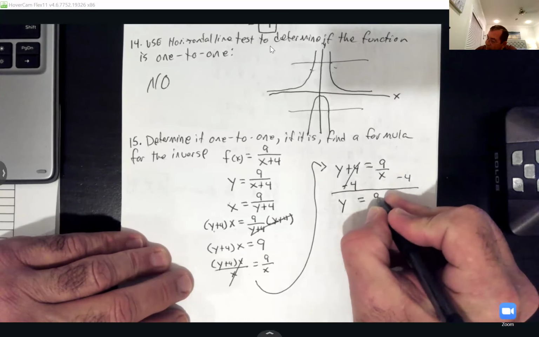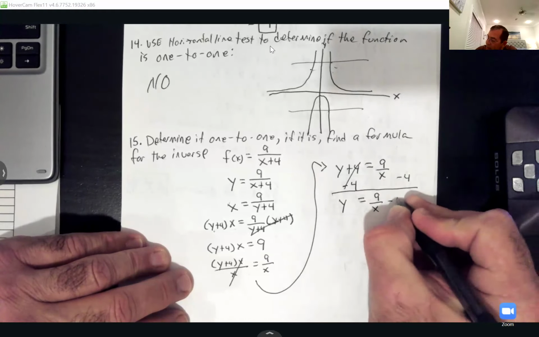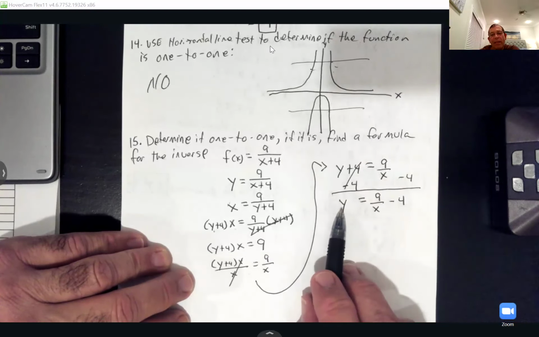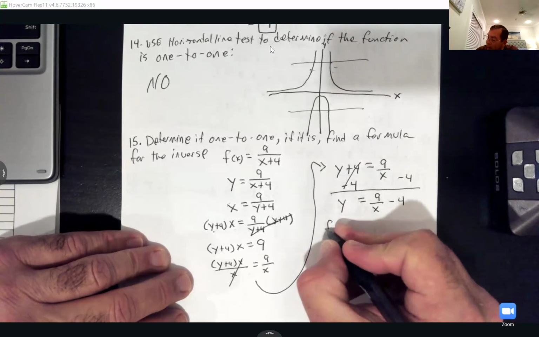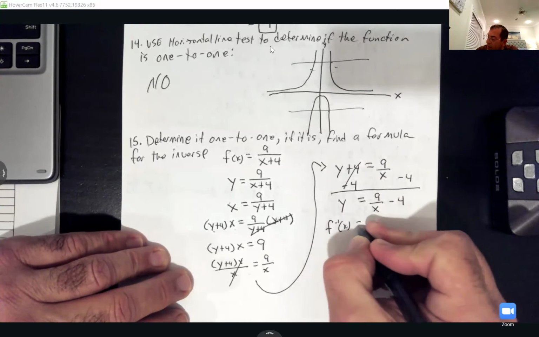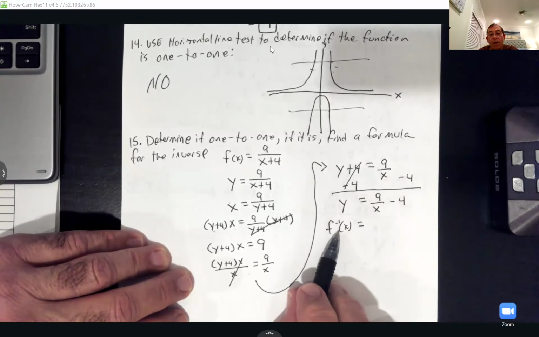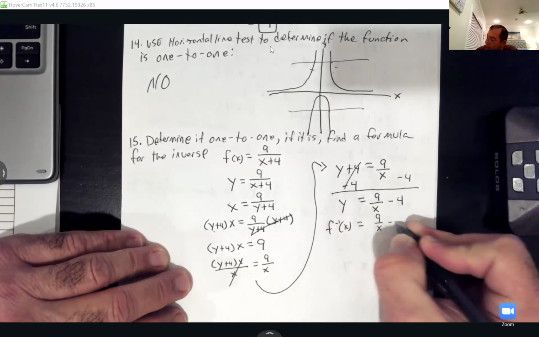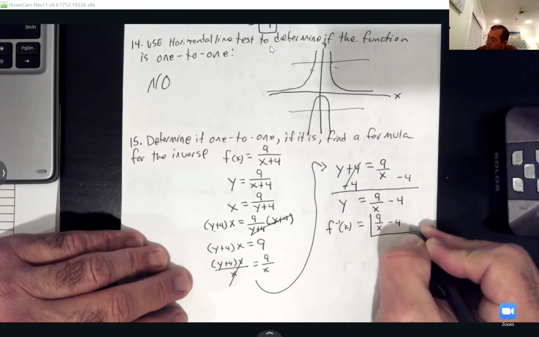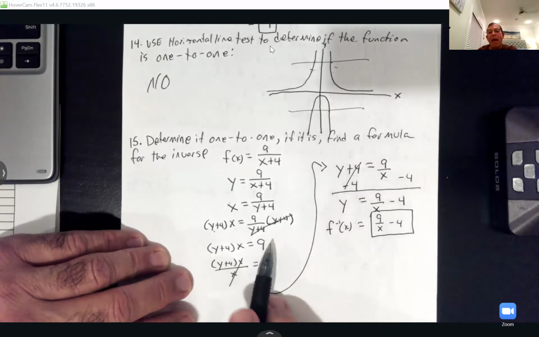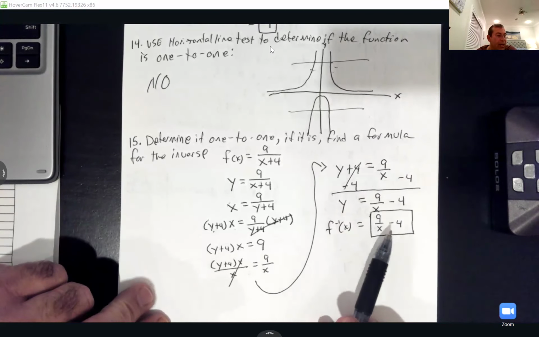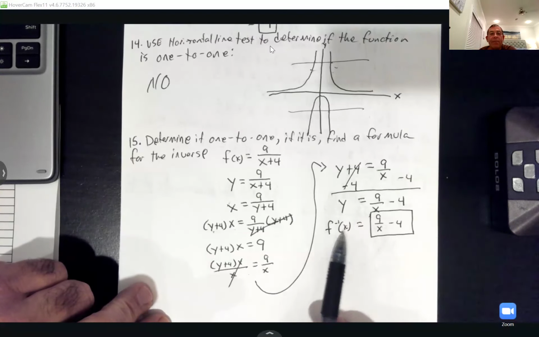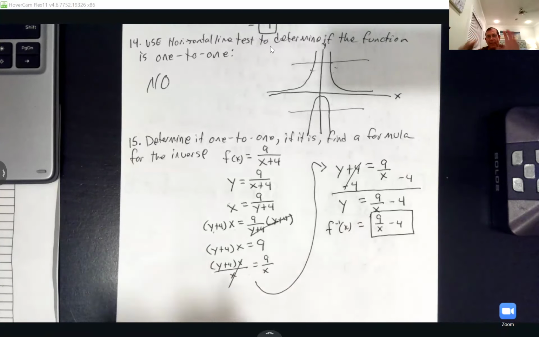So we're going to leave that 9 over x minus 4. Now, my last step was to replace the y with the f negative 1 of x. So remember, this is inverse function notation. It's going to equal 9 over x minus 4. In MATLAB, all you got to do is put in the 9 over x minus 4. MATLAB will already have the f negative 1 of x sitting there for you, okay?